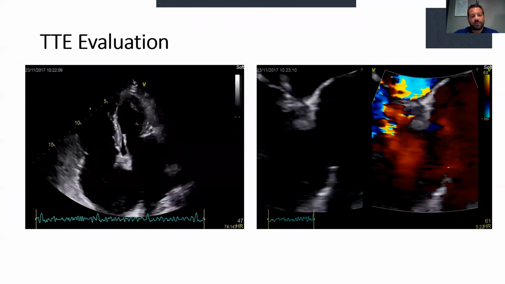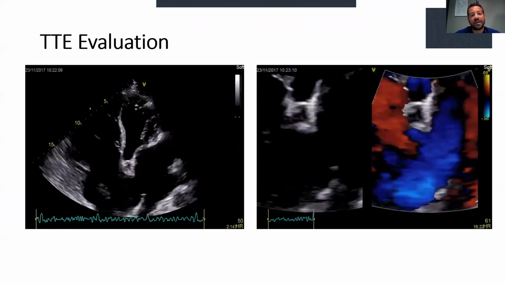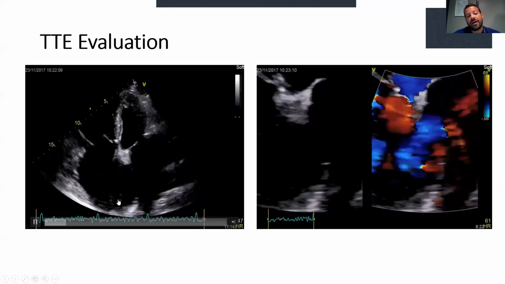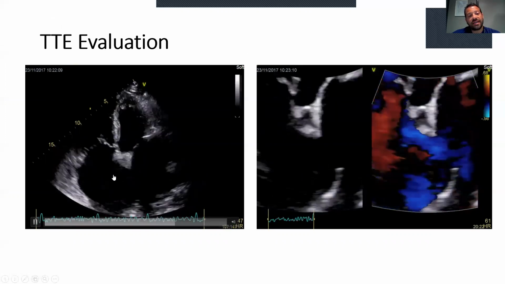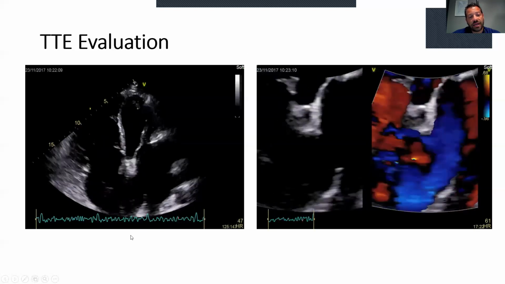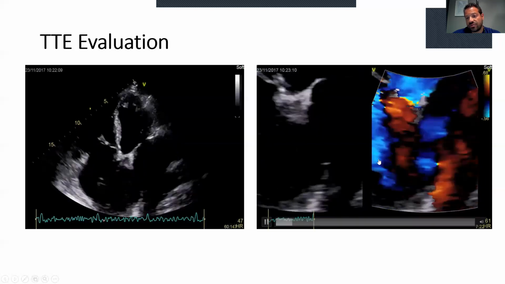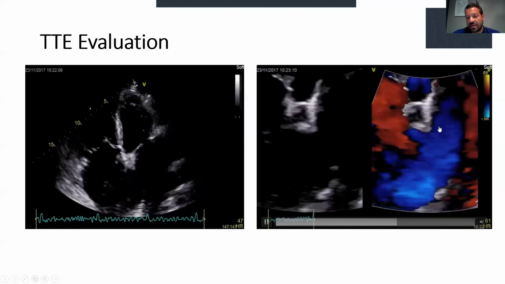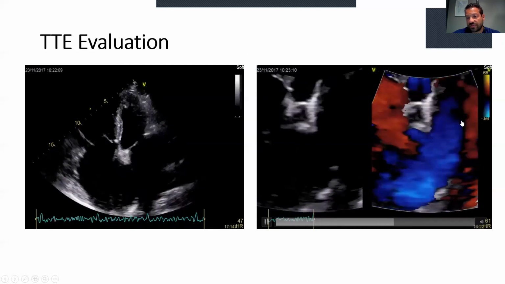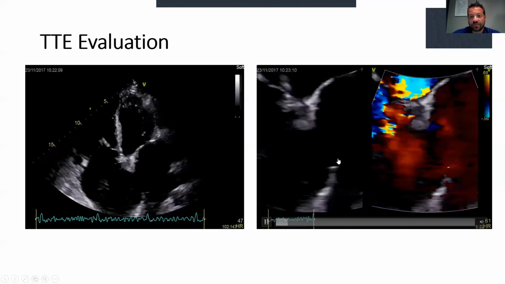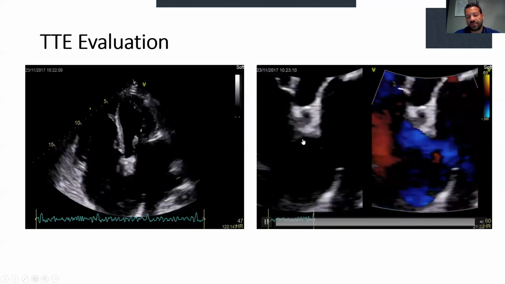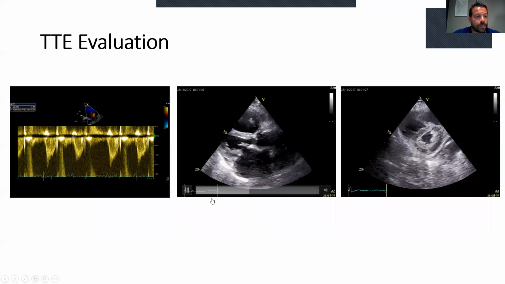In this case, from transthoracic echo, you can see directly from the 4-chamber view that we have very dilated right cavities, a septum that is going towards the left atrium, and a bidirectional shunt from left to right and right to left, and of course absence of a big part of the atrial septum.